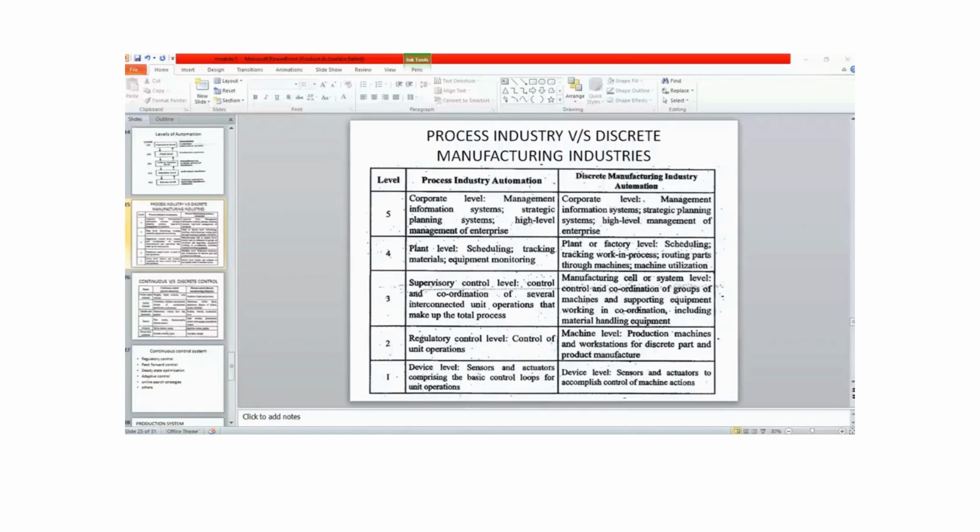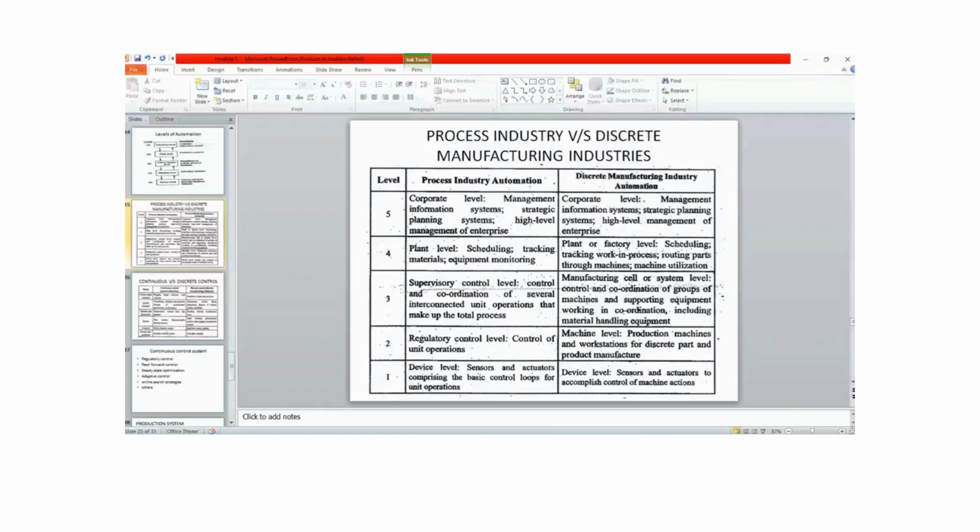Its work is to handle management information systems, strategy planning, high level management of the enterprise, and taking quotations and tenders. All of that goes on in the process industry, and the same goes on in discrete manufacturing industry automation also. The office section with respect to higher order is the same.